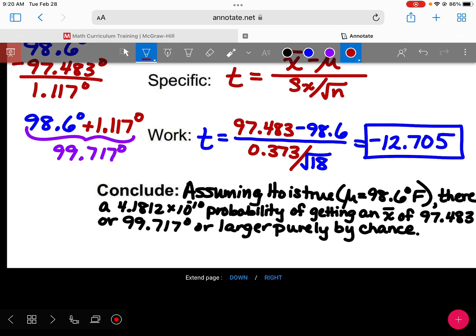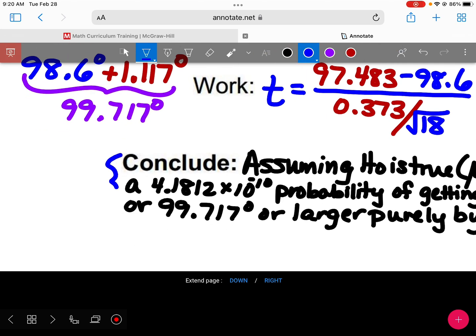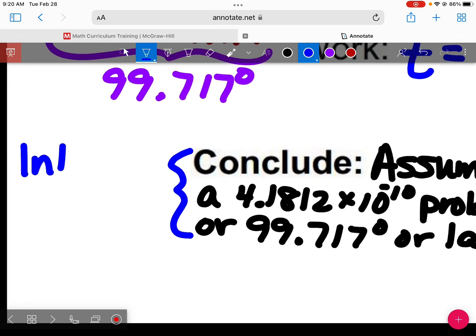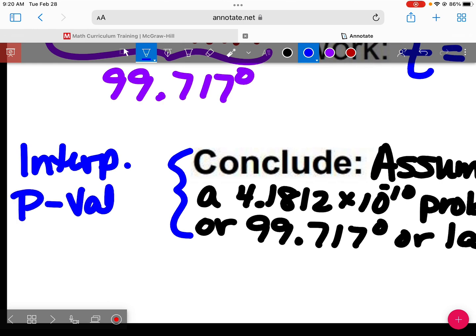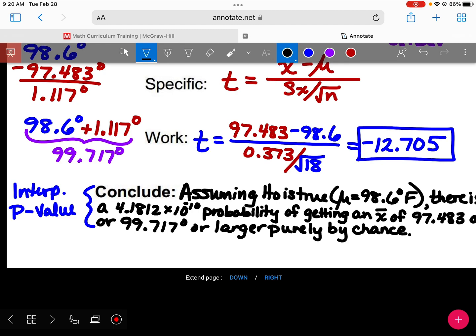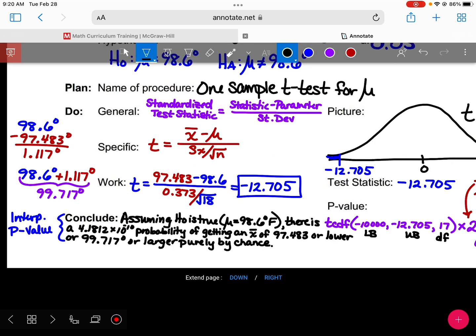That much right there is an interpretation of my p-value. Which we need to do. We need to interpret the p-value. We need to explain what this thing means. And then we go on to make our decision and our conclusion. So our decision is to reject or fail to reject the null.